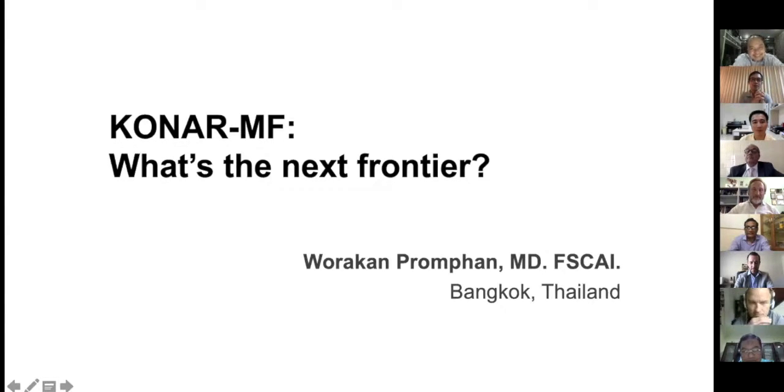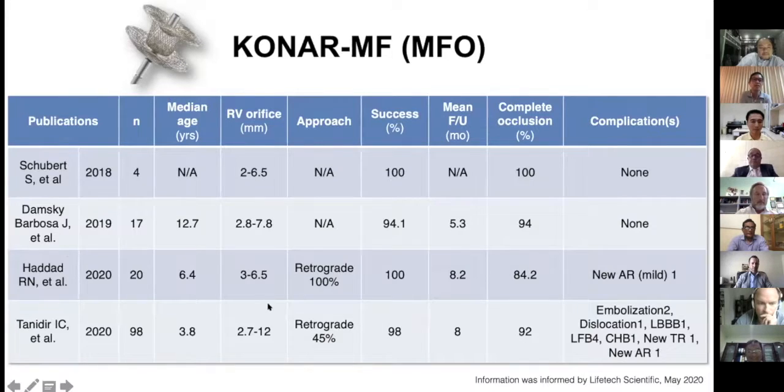So my talk is about the next frontier, and from publications, these data have been published. The total number is almost about 140 cases. The median age ranges from 3 to 4 years up to about 13 years old.